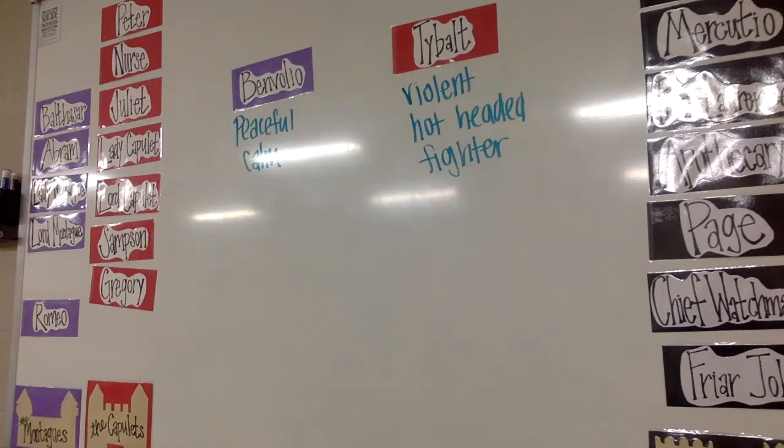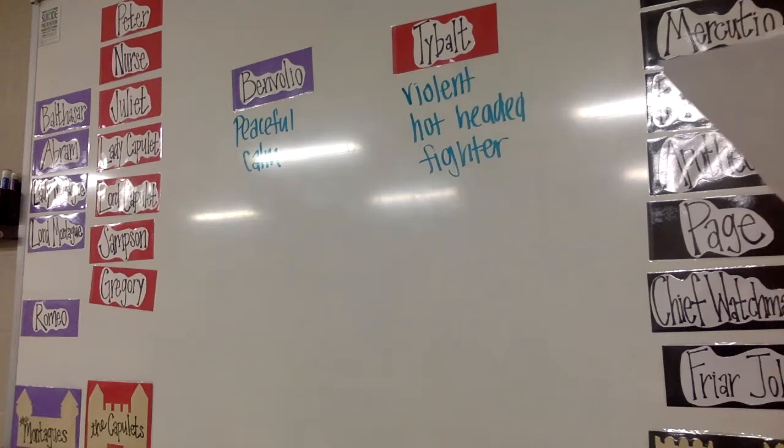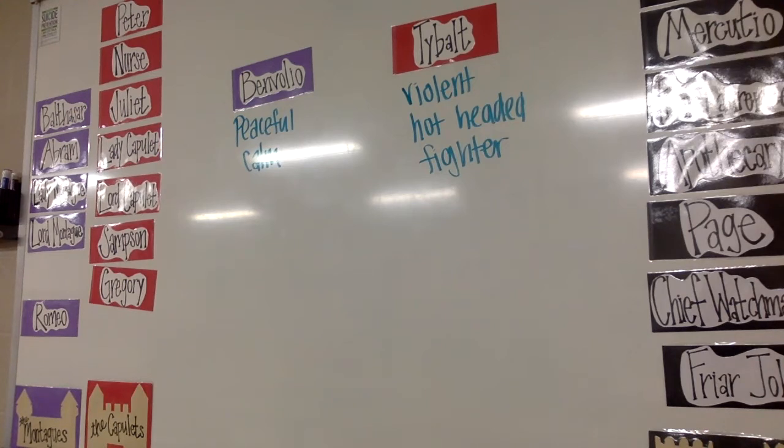So why doesn't he go after Romeo? Why is Benvolio out there in the first place?